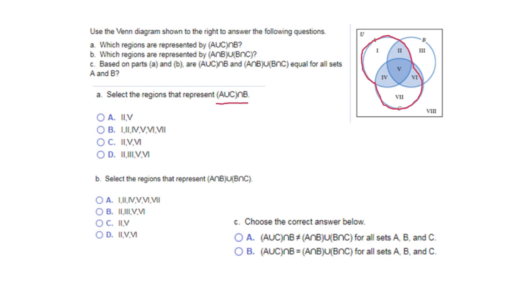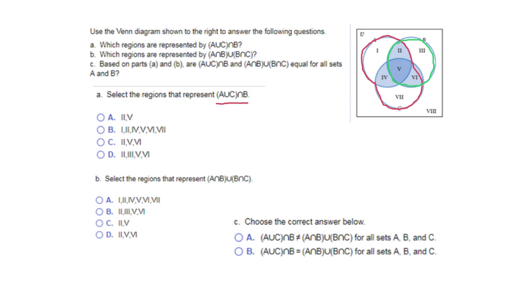Next, what I will do is to identify set B, and I'll highlight that in a different color. So B is identified as such. And what we're looking for is the intersection of those two items.